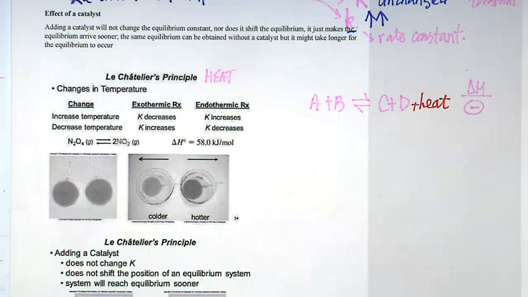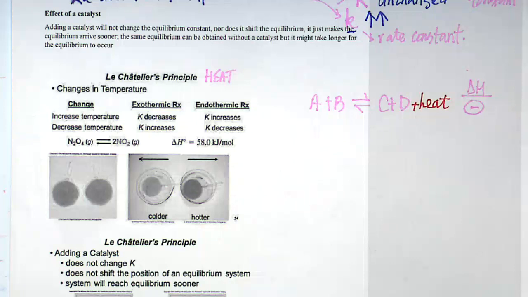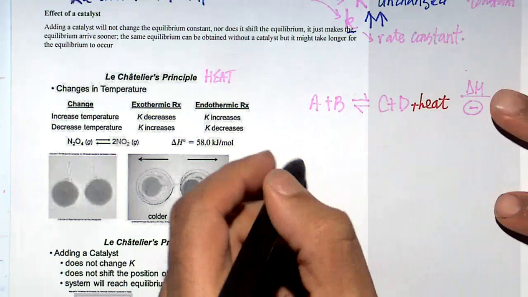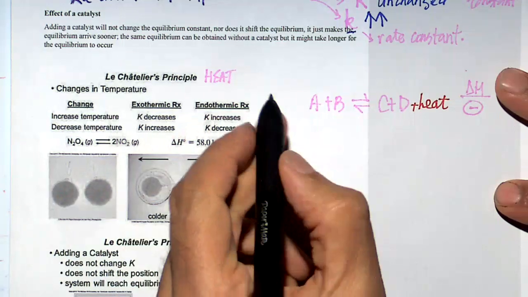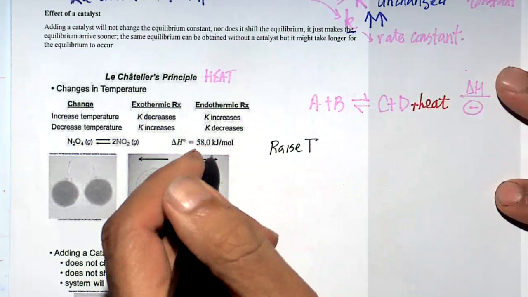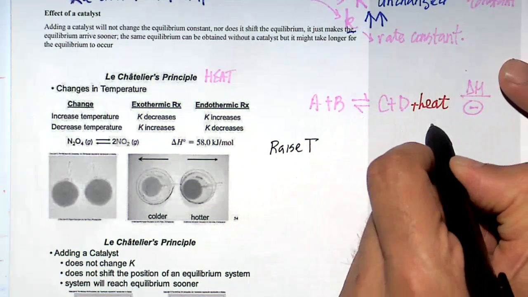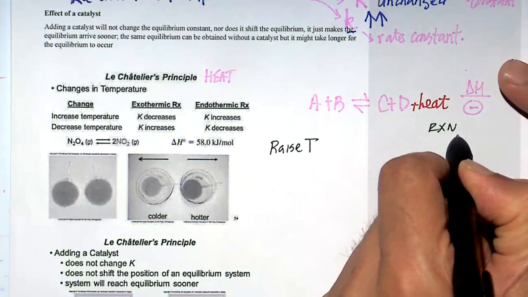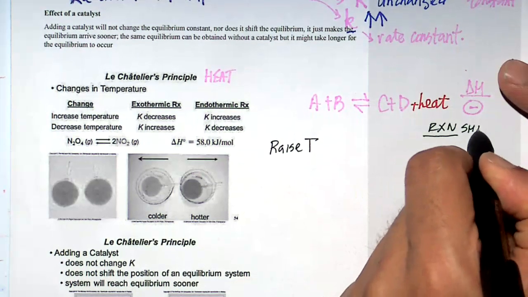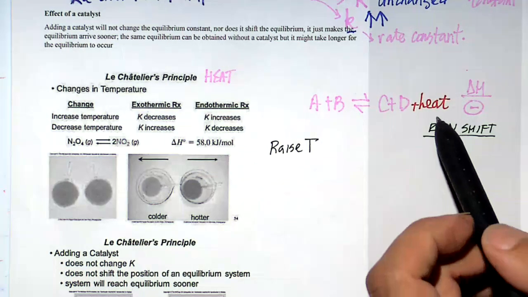Okay, so now you guys don't get confused. What happens if I raise the temperature of an exothermic reaction? Which way will the equilibrium shift? If I raise the temperature, what am I adding?